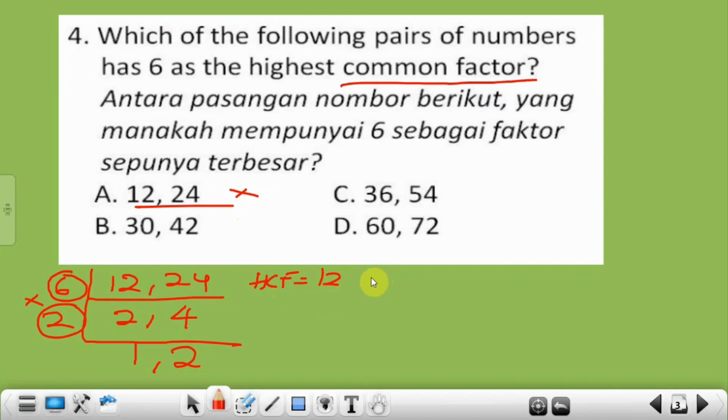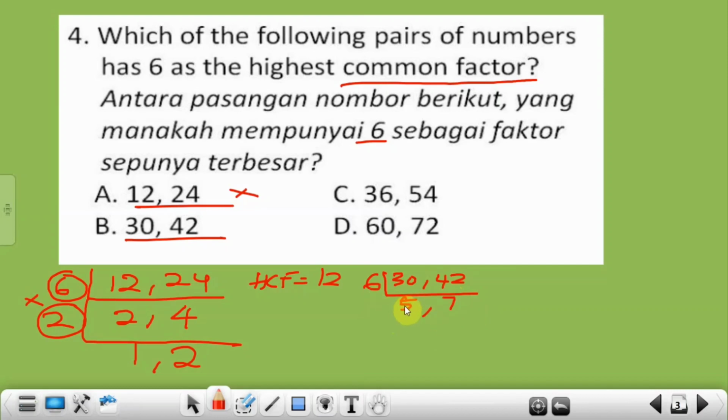Okay, so next we go to the next one, B, the second pair. You do the same thing. Divide by 6. Why do I divide by 6? Because if it's a common factor, it can be divided by 6. 6 times 5 is 30, 6 times 7 is 42. Now we cannot further divide it.